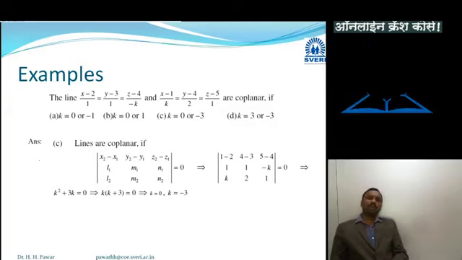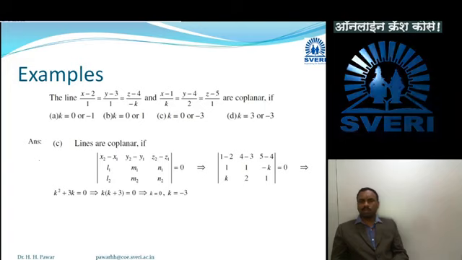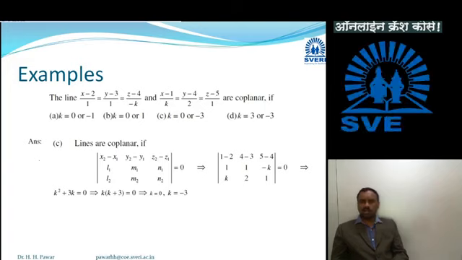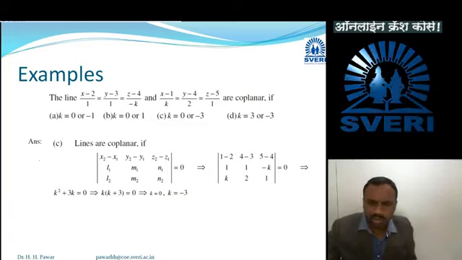So put the values here and we'll get the determinant 1 minus 2, 4 minus 3, 5 minus 4, 1, 1, minus k, k, 2, 1 is equal to 0. After solving these, we'll get k square plus 3k is equal to 0, that is k into (k plus 3) equal to 0, which gives us k equal to 0 or k equal to minus 3. That is option C is the correct choice for this question.